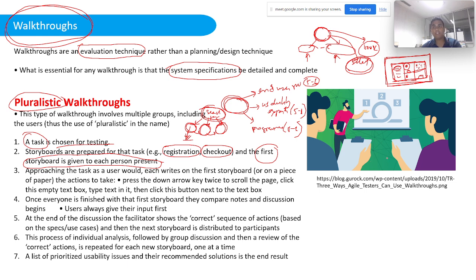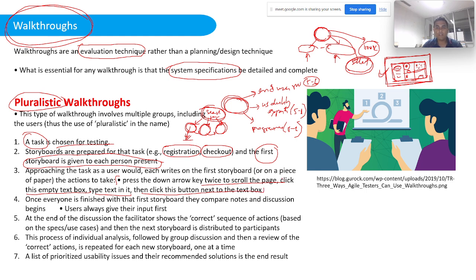So the users are asked to perform the task, and they were asked to write their flow, their activities, in a sheet of paper. So for example, when a user uses that particular feature or window, his observations or his interpretation of this interface is like that: press the down arrow key twice to scroll the page, click this empty text box, type in it, click this button next to the text box.